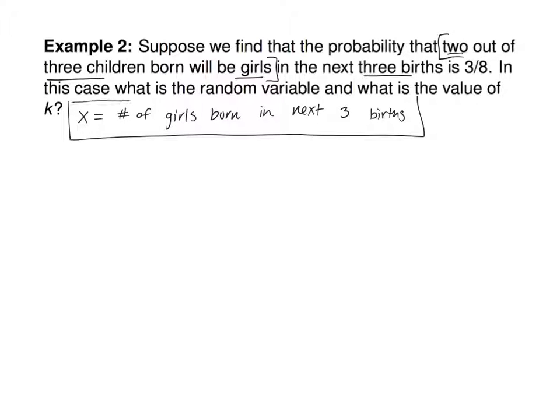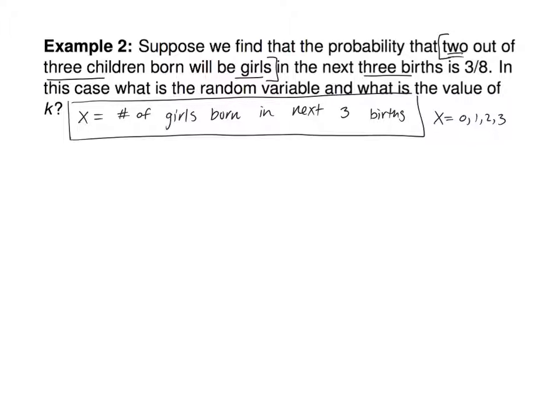If you're at a hospital keeping track of the genders of babies being born, what are the possibilities for X? What things could X equal? 1, 2, or 3. Almost: 0, 1, 2, or 3, because there could be no girls born. You could have all boys, right? Okay, so those are the possible values for X. Which specific value are we talking about in the statement of this problem? 2.